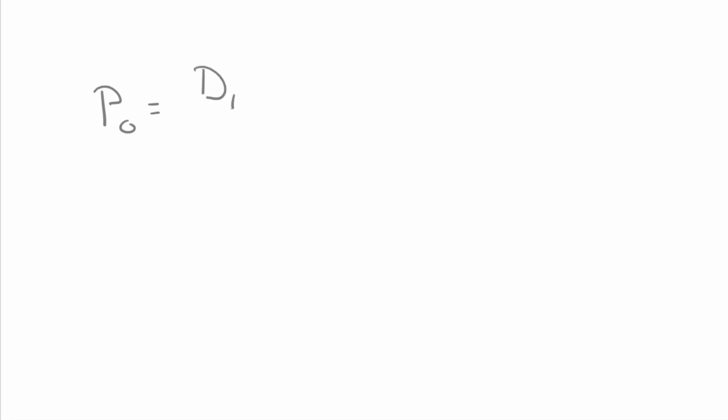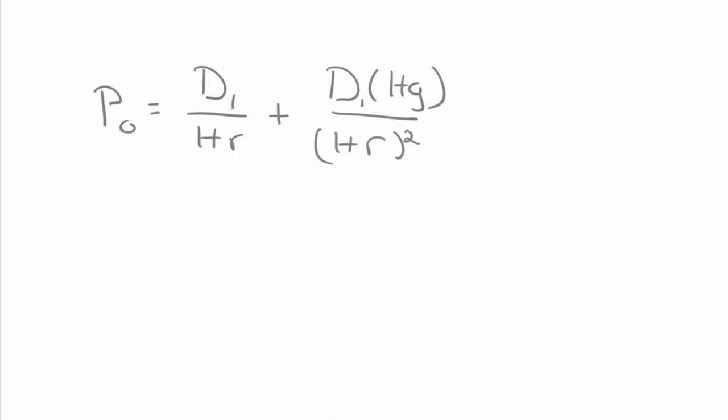So if we think about the cash flows on this equity, we get D1 over 1 plus r, plus D1 times 1 plus g over 1 plus r squared, plus D1 times 1 plus g squared over 1 plus r cubed, and so forth and so on.